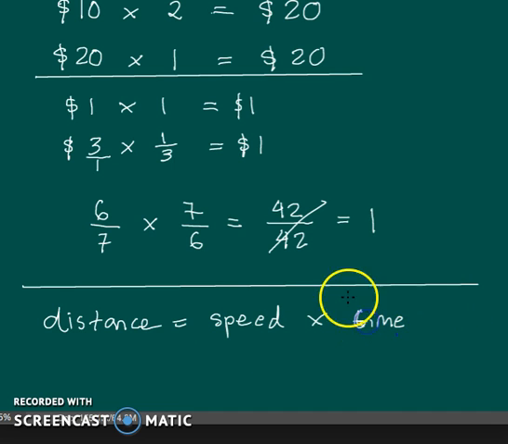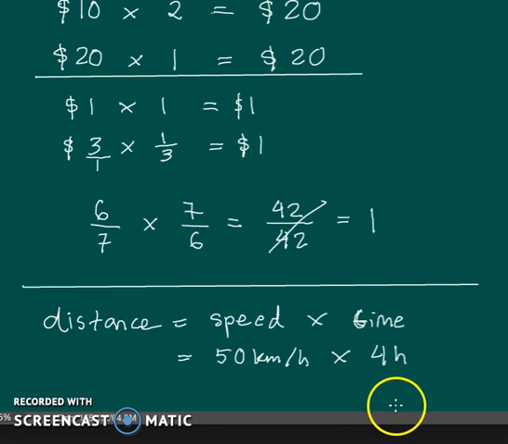So if you need to think about that for a second, just imagine a train or a car is going 50 kilometers per hour and it drives for 4 hours. What distance did it travel? There are 4 hours. Each hour it traveled 50 kilometers, so 4 times 50 is equal to 200 kilometers.